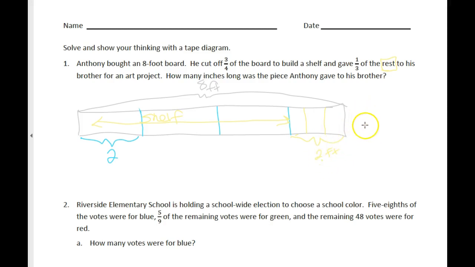So 2 feet, I know 1 foot is 12 inches, so 2 feet is going to be 24 inches. And I'm going to put it over 1 because we are working with fractions here. And so we want to say 1/3, here's the word of, 1/3 of 24.